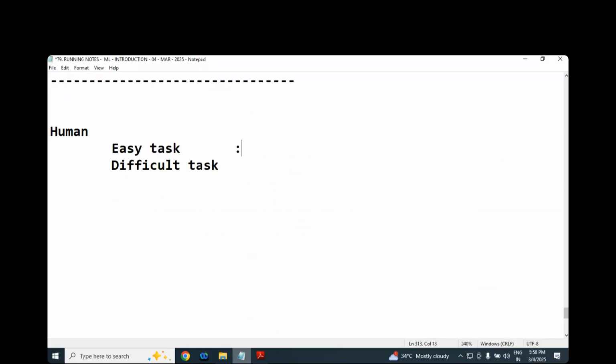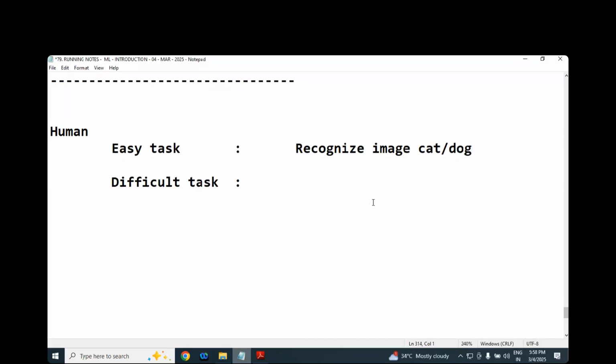For a human, the easy task is to recognize an image, either cat or dog. The next one is a difficult task. Am I right? For a human, the first task is easy. The second task is difficult. We can do it, but it takes some time.